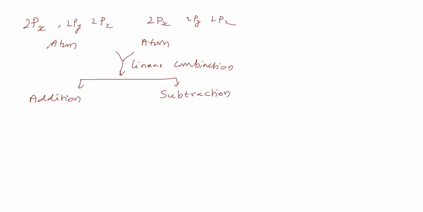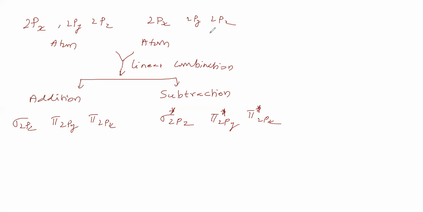Addition overlap of 2pz atomic orbitals gives sigma 2pz and sigma star 2pz. 2py atomic orbitals give pi 2py and pi star 2py. 2px atomic orbitals give pi 2px and pi star 2px.